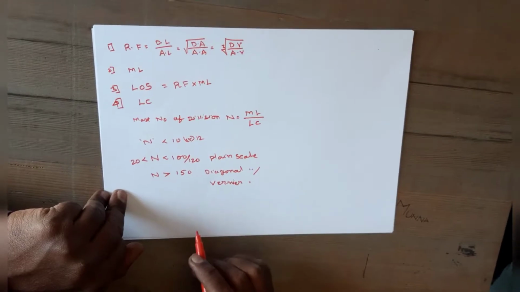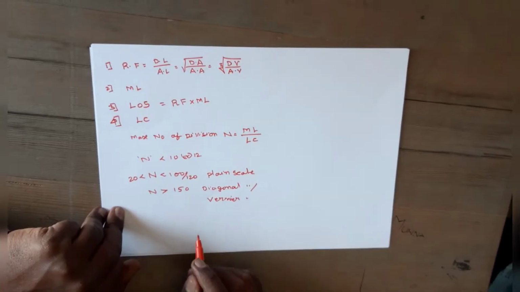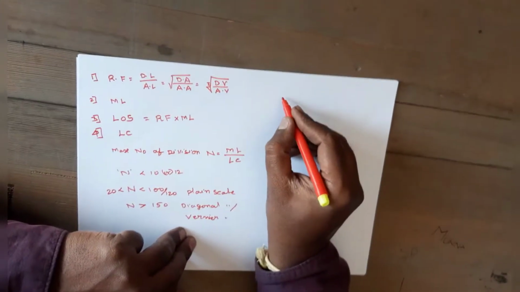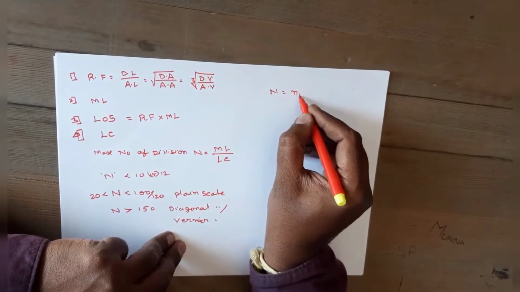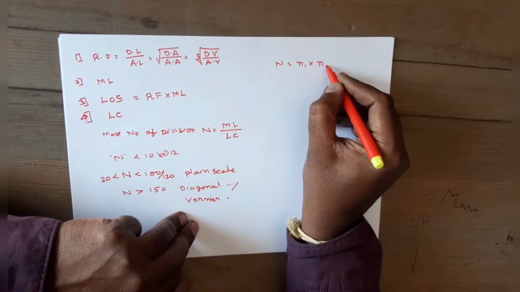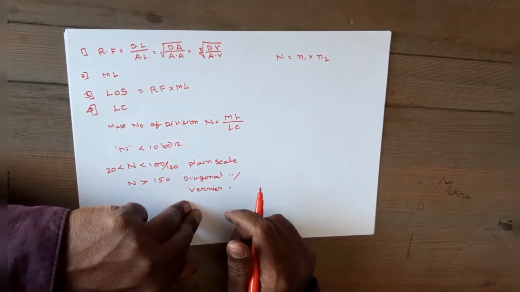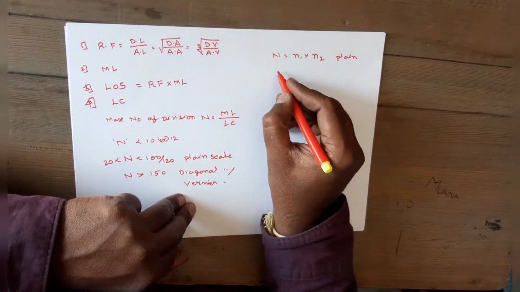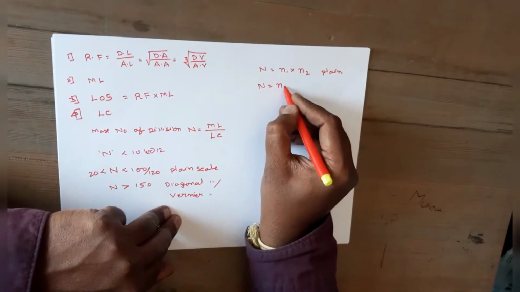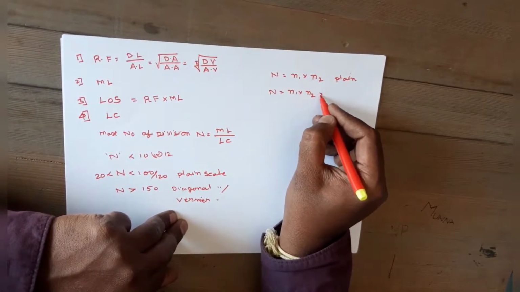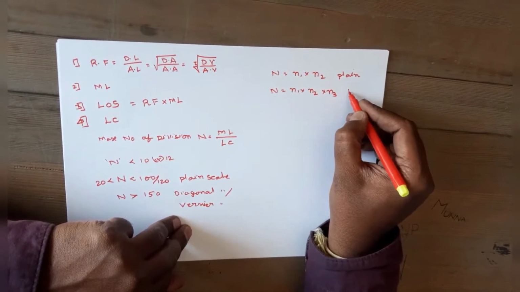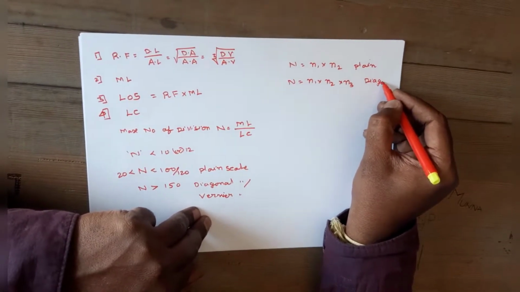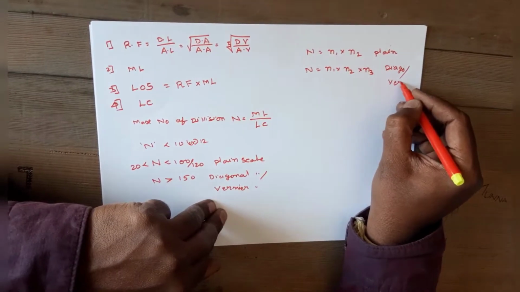Okay sir, we will go ahead with plane scale now. When can we use plane scale? We know that capital N is equal to N1 into N2. If only two fractions are considered, then it comes under plane scale. If N is going to be N1 by N2 by N3, then it is going to be either diagonal or vernier.